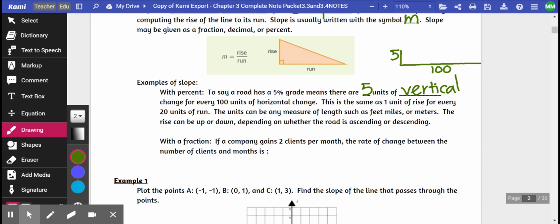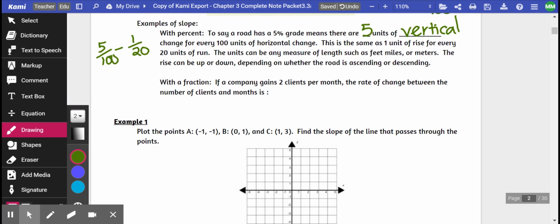This can also be simplified to 1 over 20 because 5 over 100 is the same as 1 over 20. It can be in terms of miles or meters, so the length could be based on both of those. But the rise can be up or down depending on whether the road is ascending or descending.